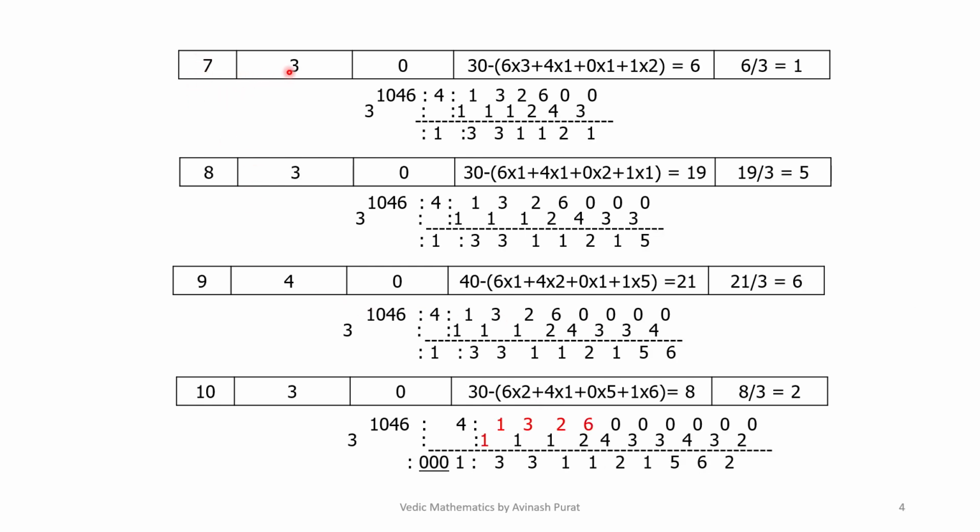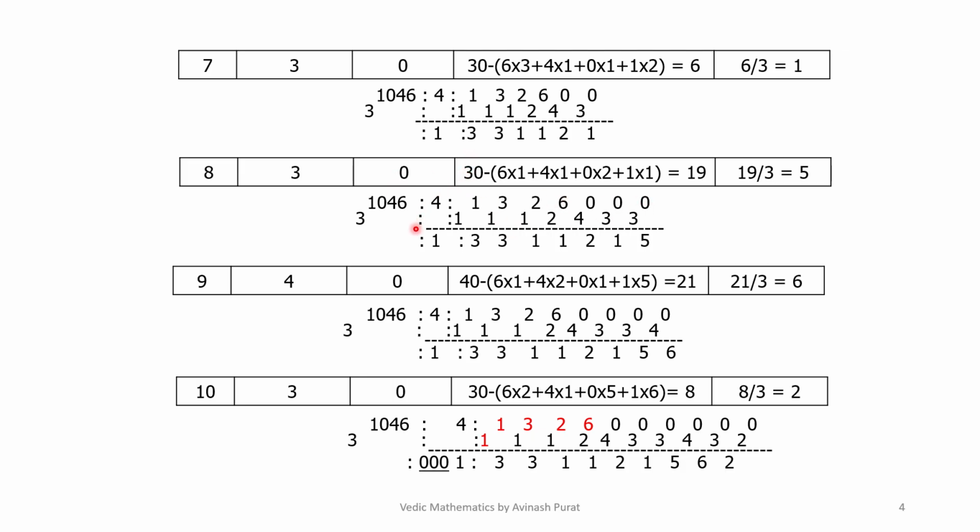Seventh step, 3 is remainder, 0 is dividend digit. So 30 minus 6 into 3 plus 4 into 1 plus 0 into 1 plus 1 into 2, that is equal to 6. 6 by 3, again we don't take 2 but 1 as quotient. 8th step, again 3 is remainder, 0 is dividend.